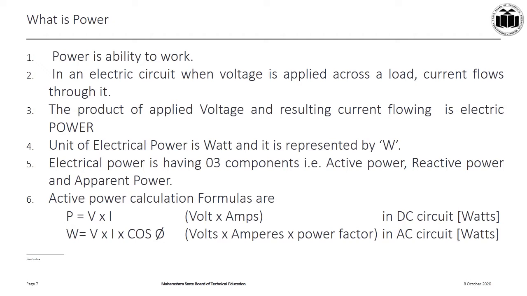In a DC circuit, power is calculated as multiplication of voltage and current, whereas in an AC circuit, power is represented by multiplication of voltage, current, and power factor cos phi, and is represented by the unit watt.